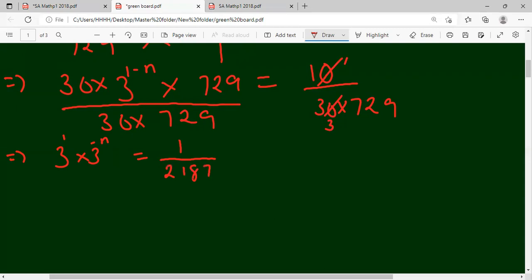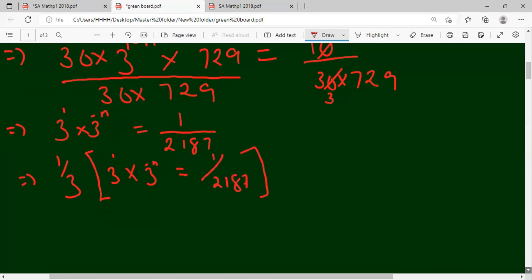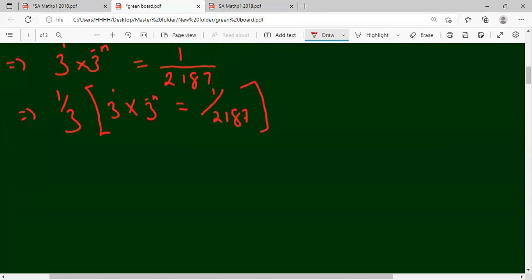So this implies that you can multiply throughout by 1 over 3. 3 to the power 1 times 3 to the power negative n is equal to 1 over 2,187. So what do we get? 3 and 3 cancel.